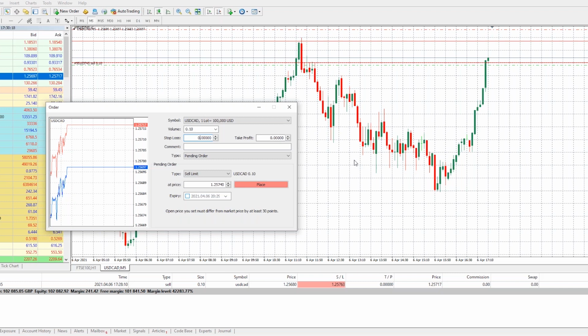And stop loss then would be somewhere above that, 1.25, let's say 84, maybe 10 pips up, depending on what kind of risk, what kind of trade size you have. And then the take profit could be somewhere down at the next support level, right? Down lower, maybe 1.2556, let's say.